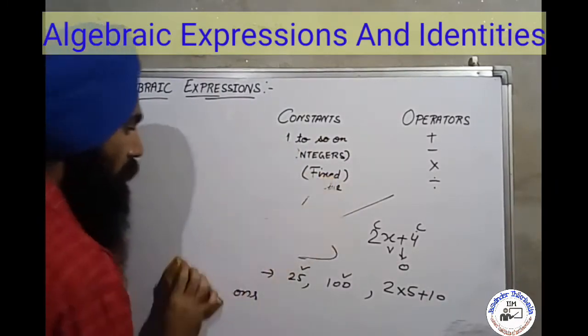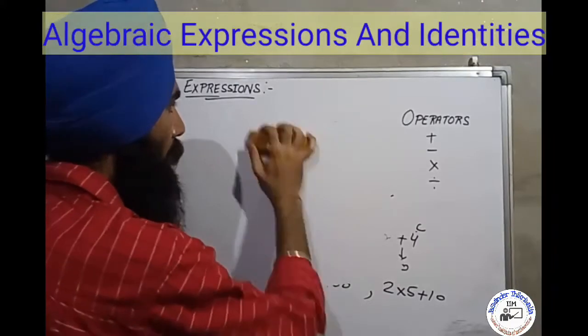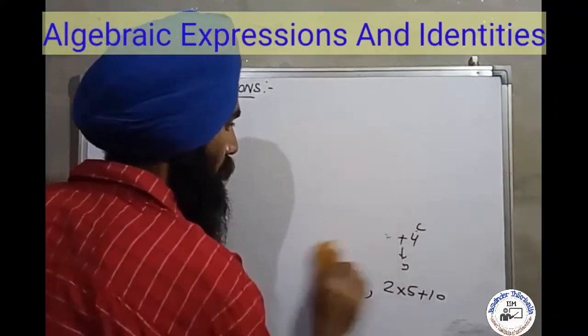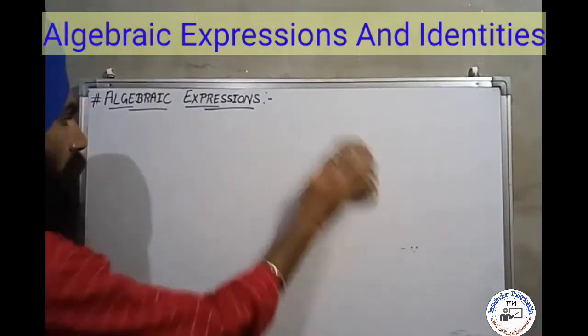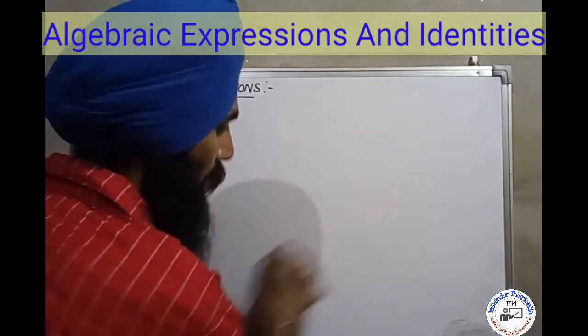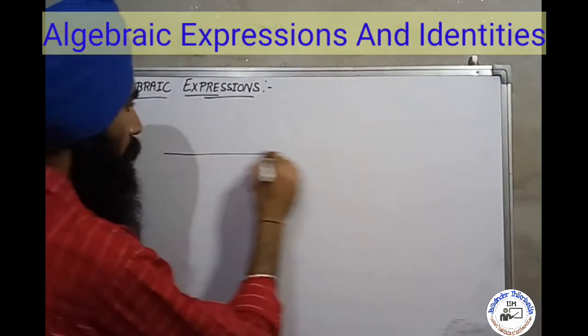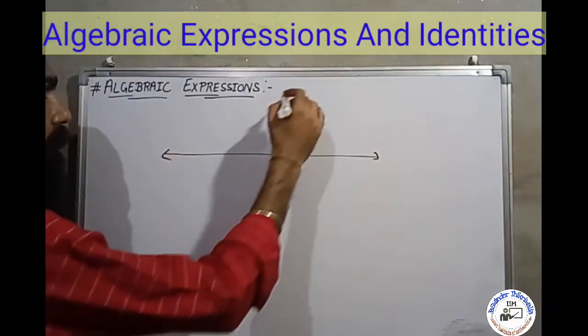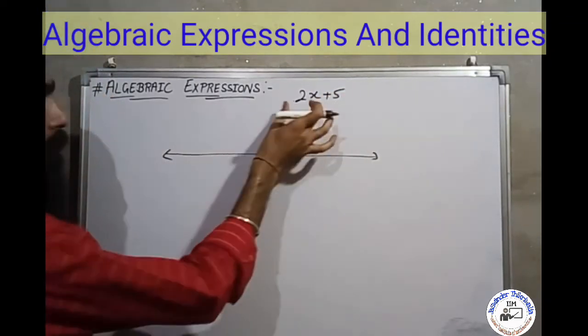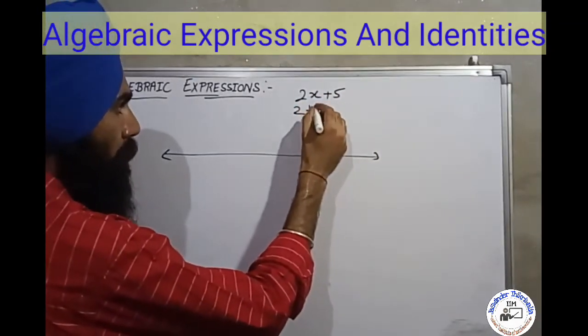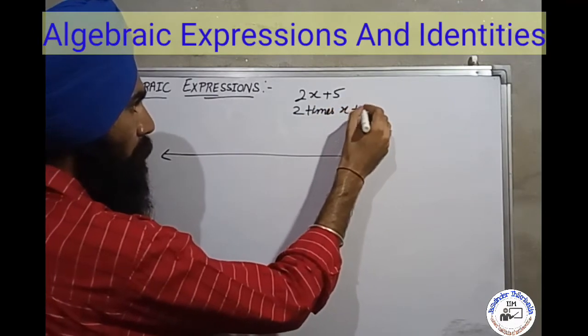Now next is how you can locate expressions on a number line. If you have a number line and you want to represent an expression there, how can you do it? First of all, draw a number line. On this number line we want to show 2x plus 5. 2x plus 5 means 2 times x, plus 5.